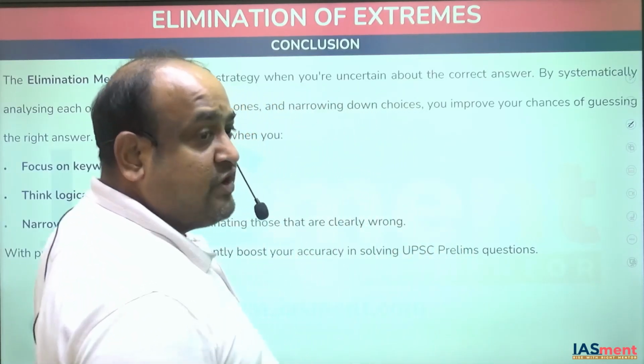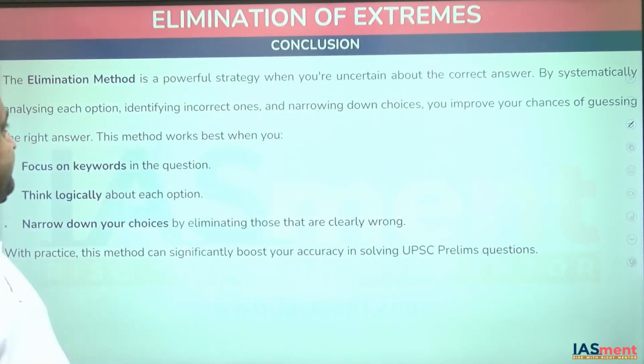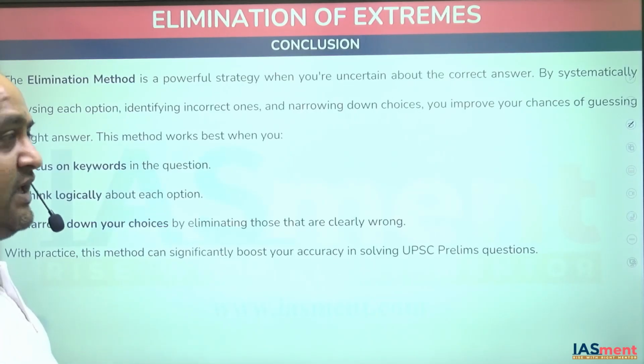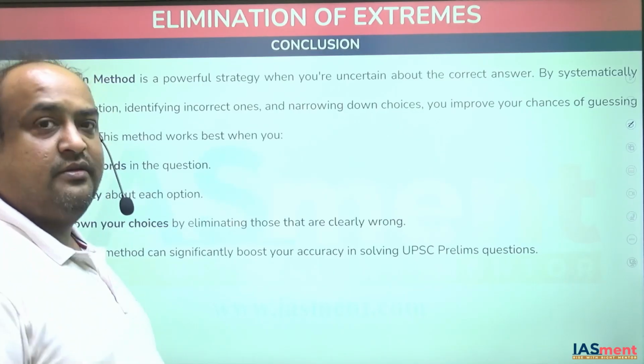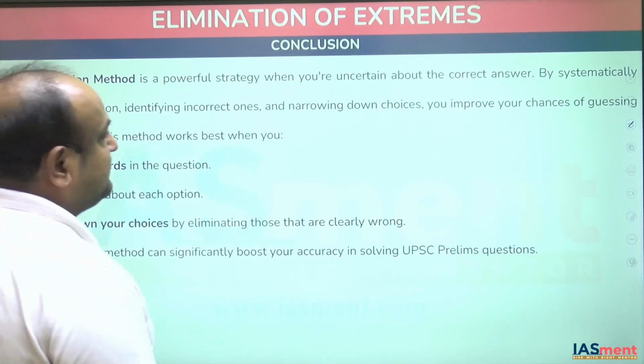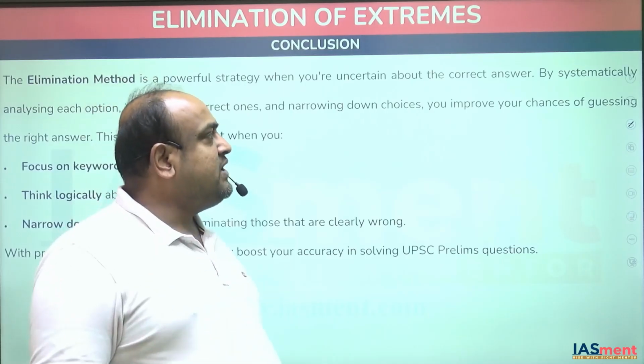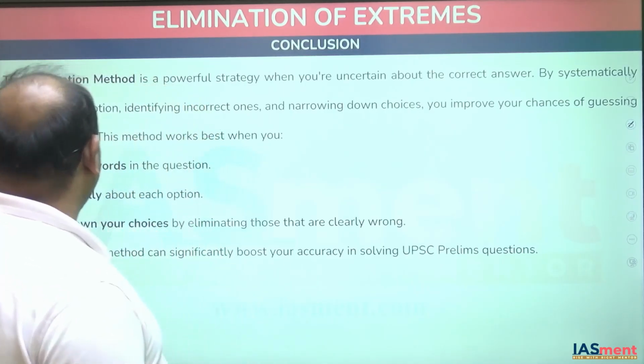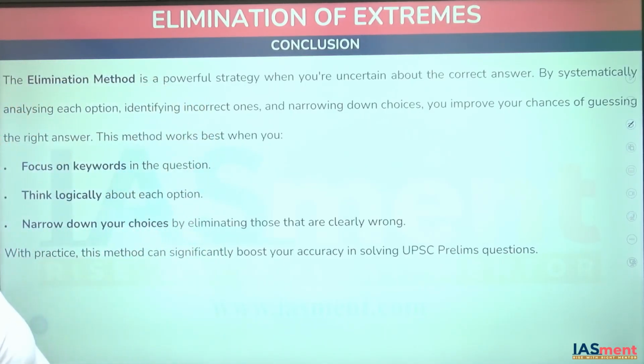Now the conclusion. Elimination method is a powerful strategy when you are uncertain about the correct answer. By systematically analyzing each option, identifying incorrect ones, and narrowing down choices, you improve your chances of guessing the right answer. This method works best when you focus on keywords, think logically, narrow down your choices.